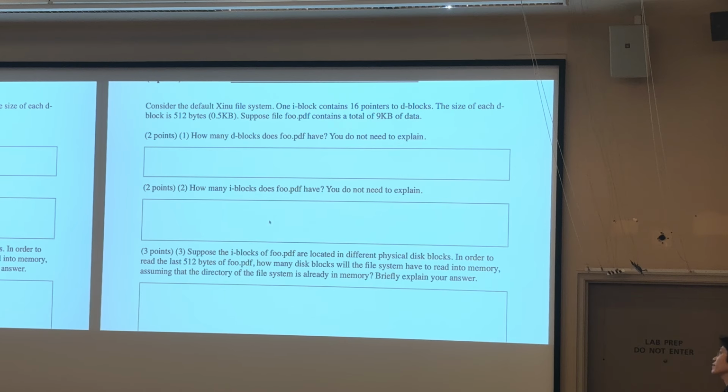All right, so let's start with the first two questions. These are relatively straightforward.